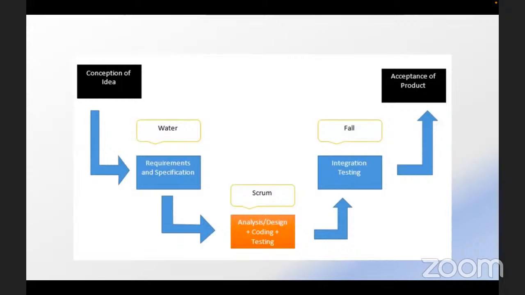From the conception of the idea on the waterfall method, the requirement and specification, everything goes down through the Scrum method to the integration and testing, which is still the waterfall method as well.